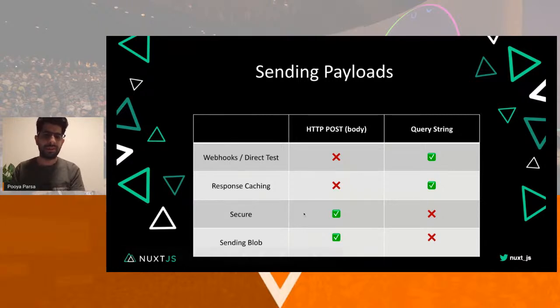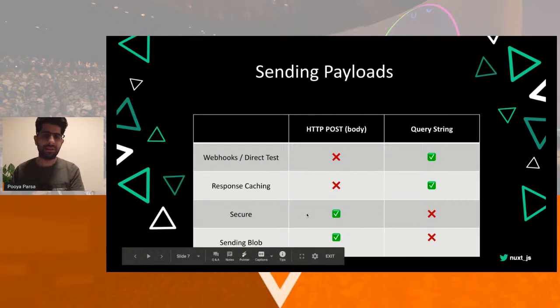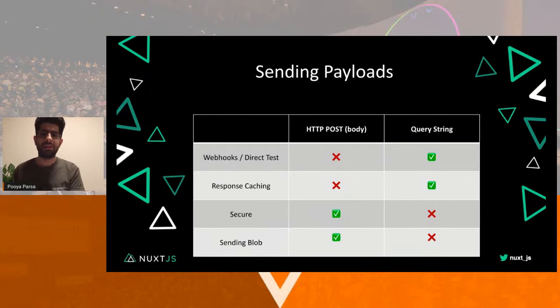But post has its own advantages as well. First of all, it's secure, because the query string will be logged in the web server logs, or if there is any proxy in between, but the post body is always secured. And it also allows you to send blobs. For example, if you want to upload a picture using the query string, we need to serialize it, which is going to add lots of overhead.